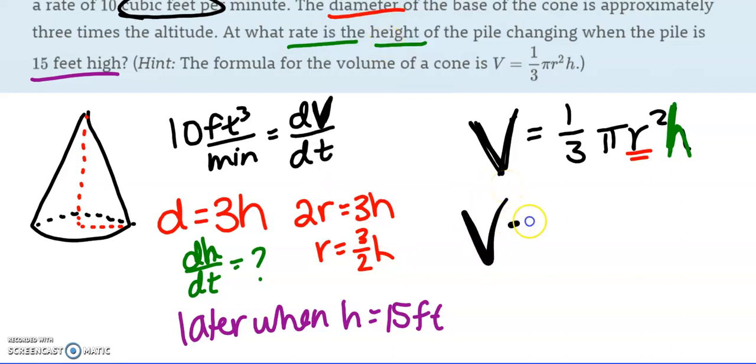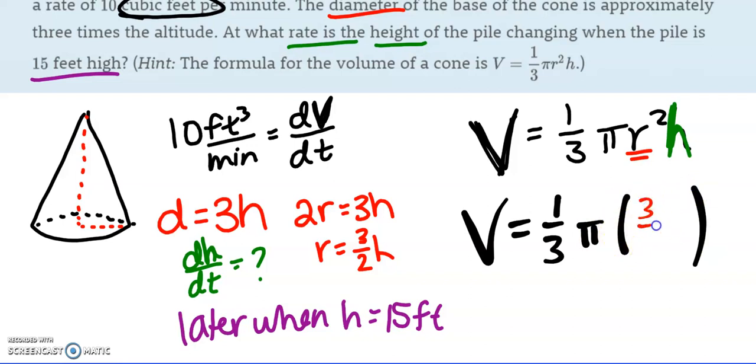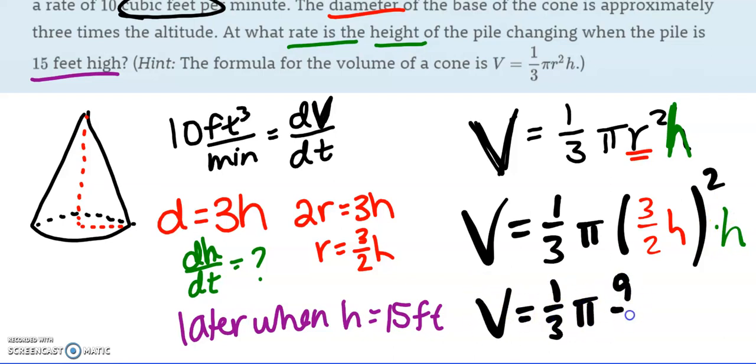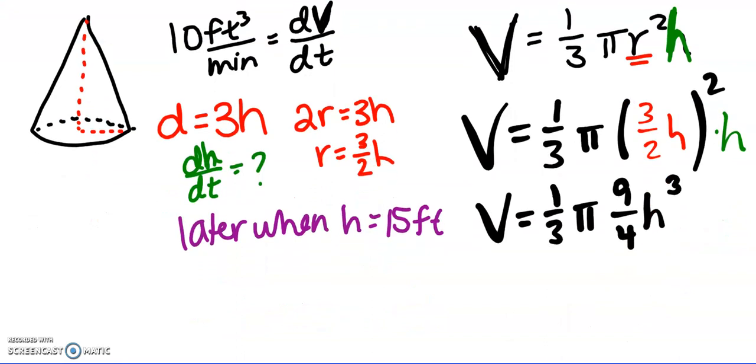So now, if I go to do my volume again, I can say this is equal to 1/3 pi, and I can replace my r with 3/2 h squared, all of that times h. Cleaning this up more, I get volume equals 1/3 pi 9/4 h to the second times h, which is h to the third.